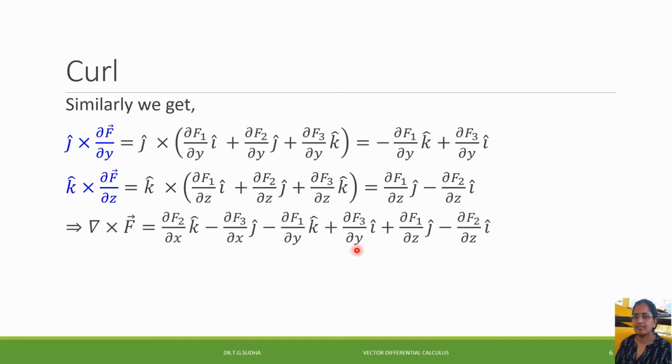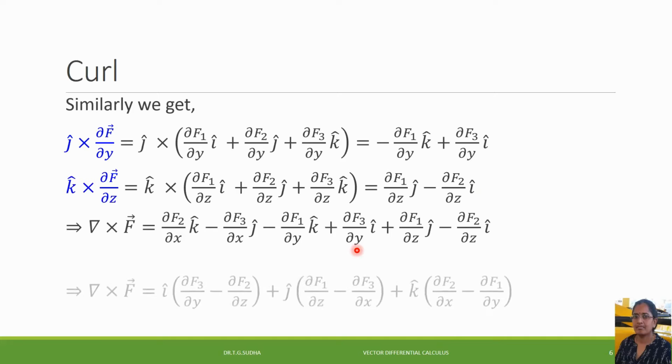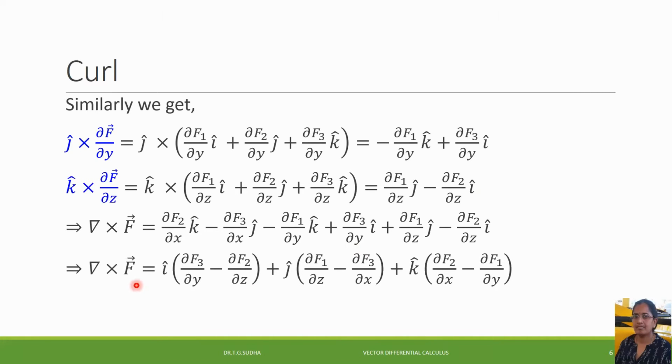Now let us collect the terms containing i separately, j separately and k separately, and we obtain del cross F is equal to i into dou f3 by dou y minus dou f2 by dou z plus j into dou f1 by dou z minus dou f3 by dou x plus k into dou f2 by dou x minus dou f1 by dou y.